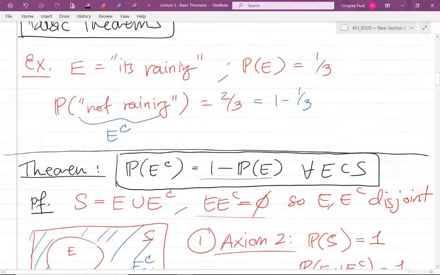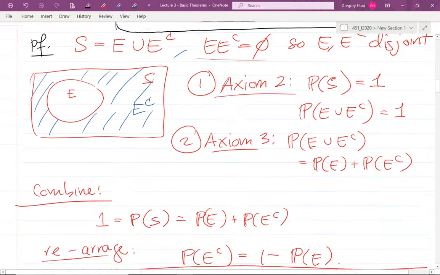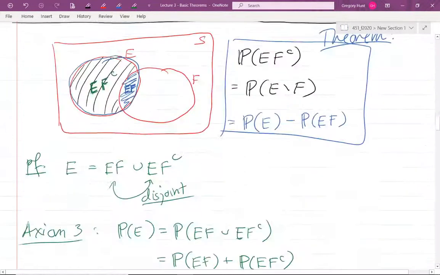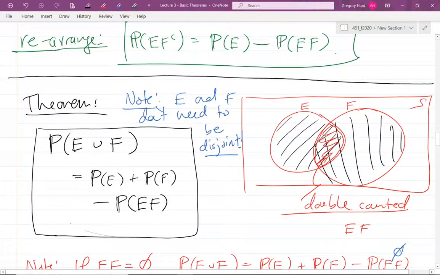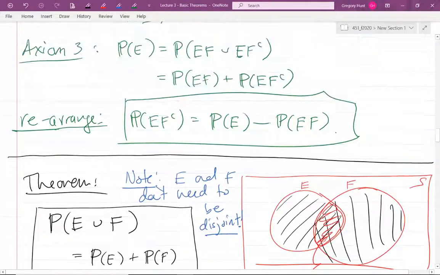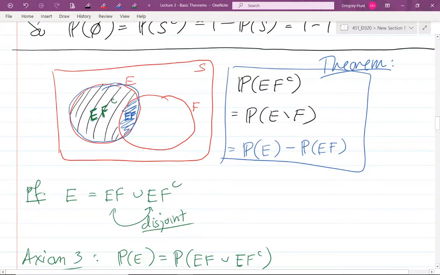And then we did some basic theorems, some complementary theorems. The probability of the complement is 1 minus the probability of the event. Probabilities have to be between 0 and 1. We had this nice little lemma, which is the probability of E minus F is the probability of E minus the probability of EF. So that's another way of remembering this theorem.